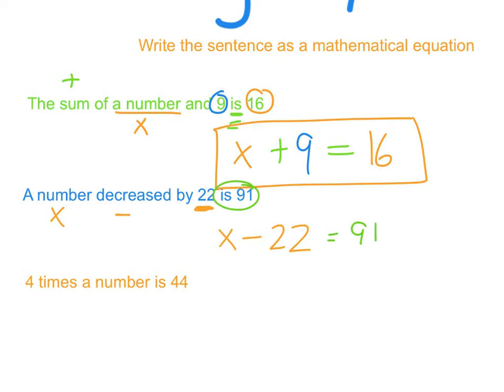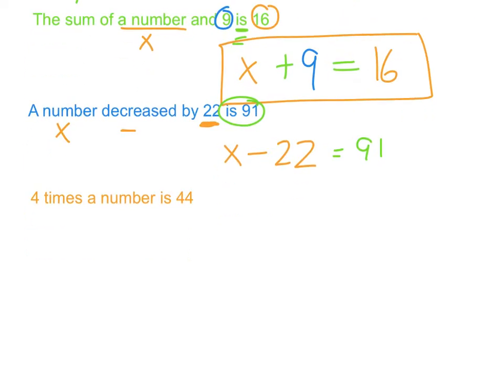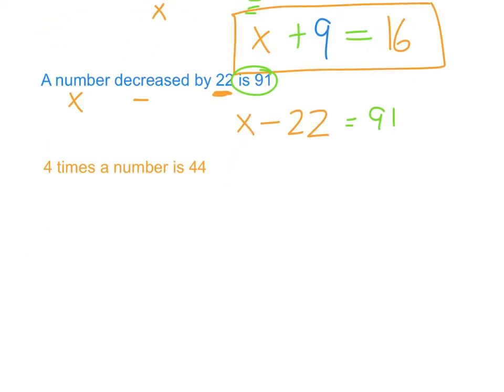Okay, and then 4 times a number is 44. 4 times a number, what number? I don't know. Let's use m. So 4 times a number, which they don't say, so we'll use m, is 44, equals 44. There you go. It's that simple.